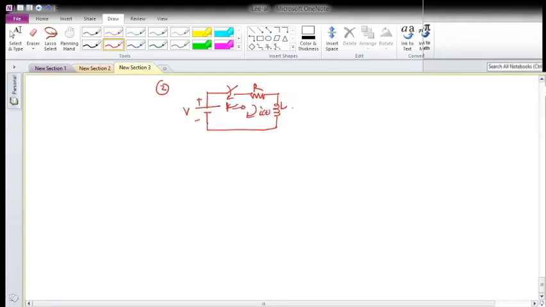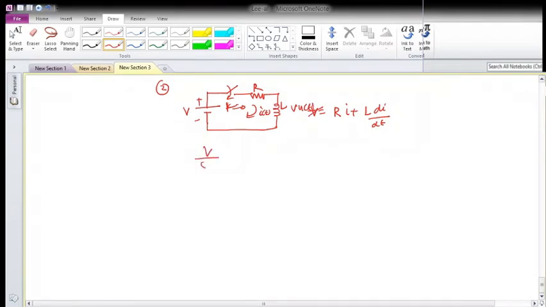Okay, so I can write the differential equation using the KVL. So Ri plus L di by dt, I will use the Laplace. So this switch is closed, means this will be V into u of t.